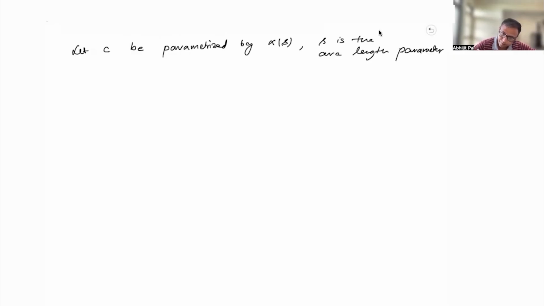Okay, so now let C be parameterized by alpha S. S is the arc length parameter of C, and alpha 0 is equal to P. So now this N of alpha S, capital N of alpha S, comma alpha prime S, if I take the inner product of this N alpha S with alpha prime S, this will be equal to 0.